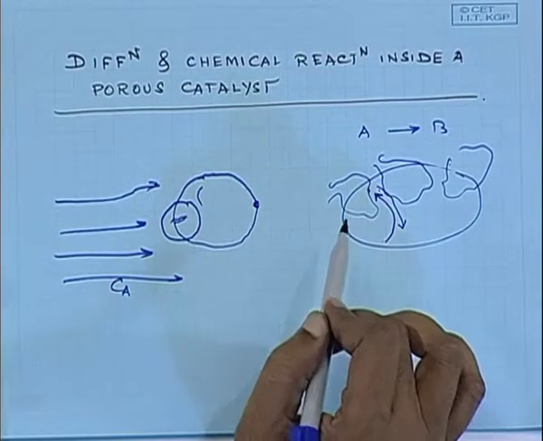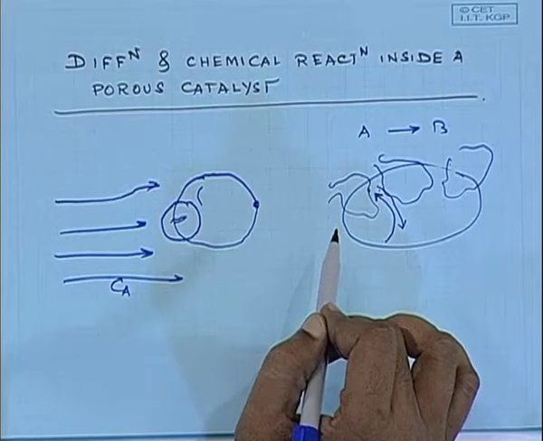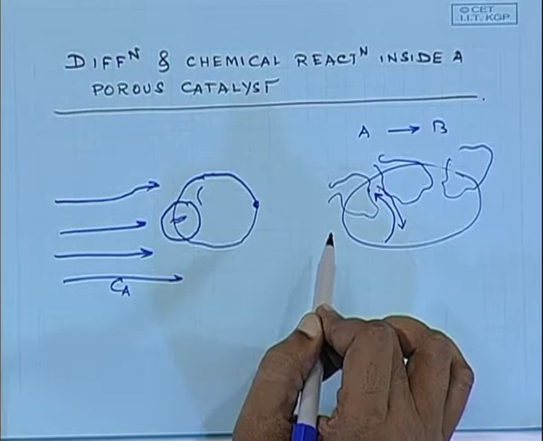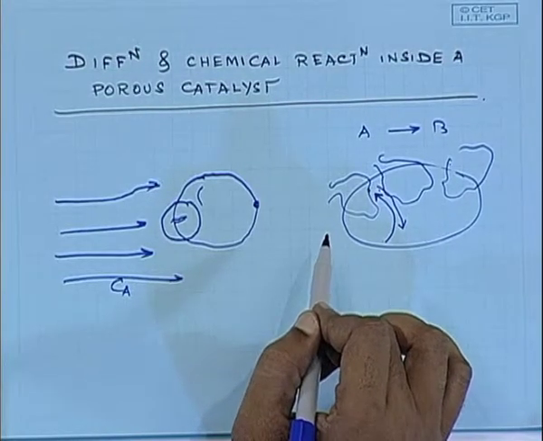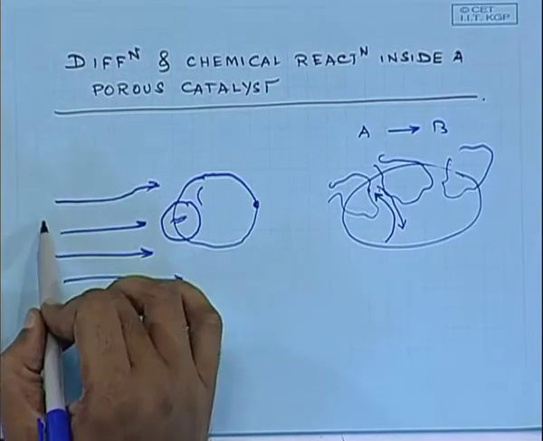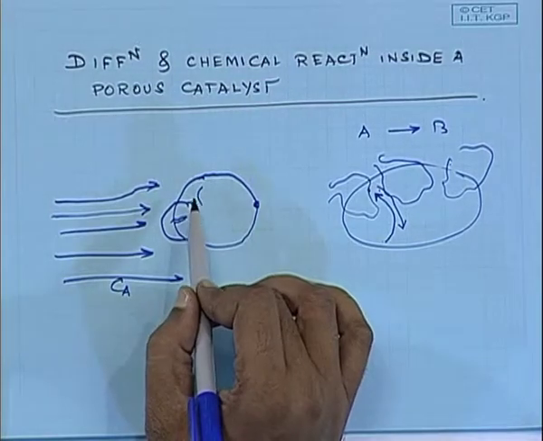Here I am taking the assumption that it is a diffusion only process. Can you tell me whether this is justified or not? Is it a diffusion only process? What makes it a diffusion only process? I have flow of A or maybe A and B together towards the spherical particle.